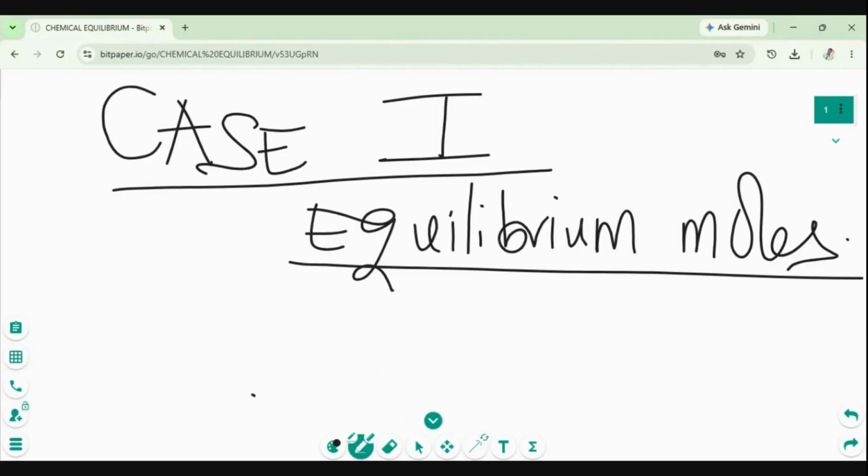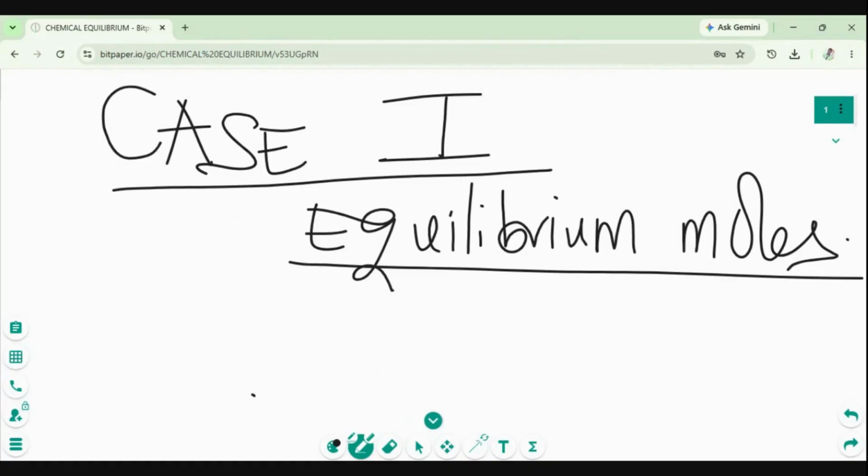We need to understand the importance of calculating that, but we shall look at it later. For now, we need to first know how to compute Kc and Kp expressions and also calculate their values.